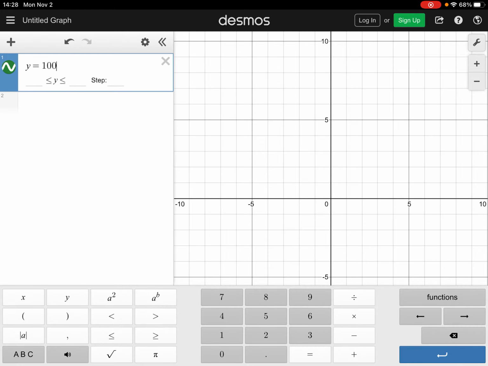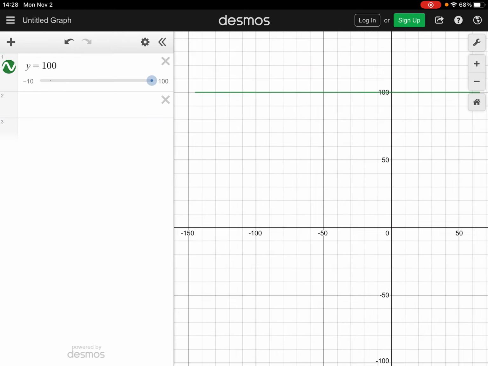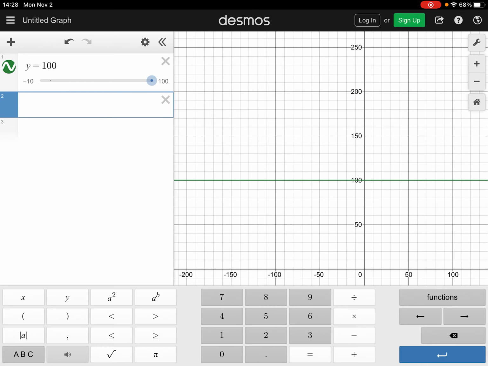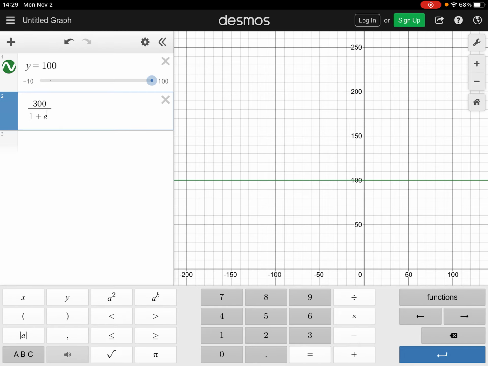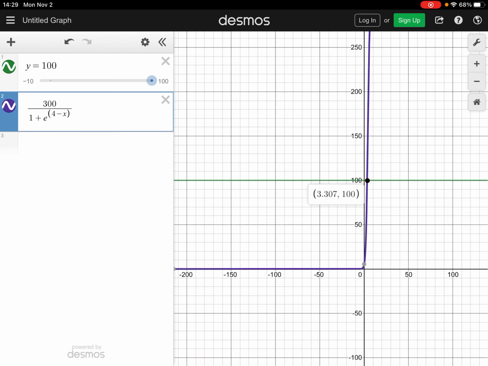So y equals 100, and then 300 divided by 1 plus e raised to the 4 minus x, because t doesn't work right. And I get approximately 3.307.